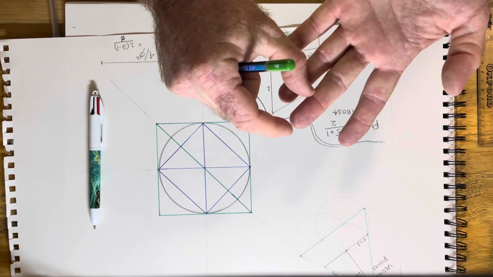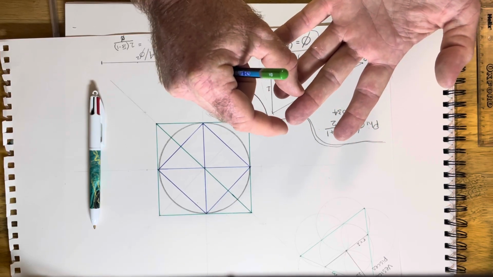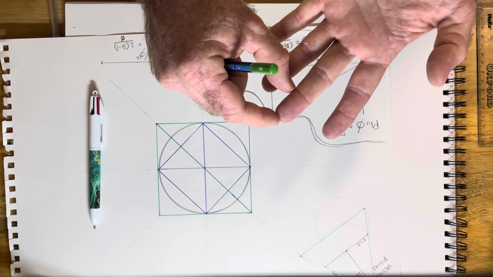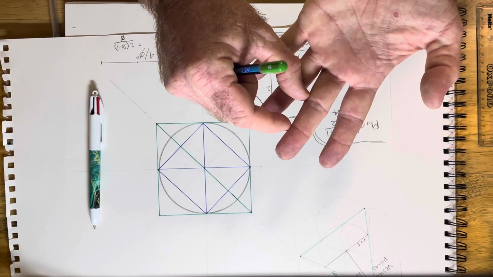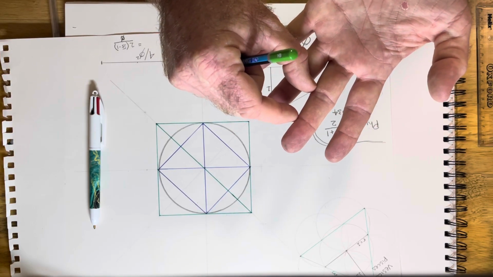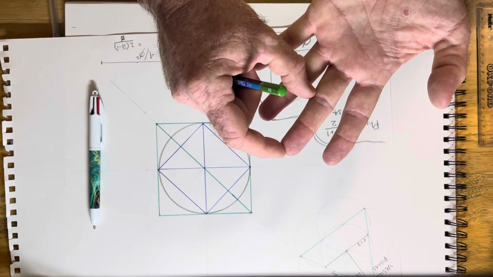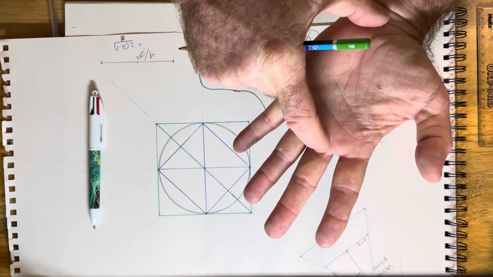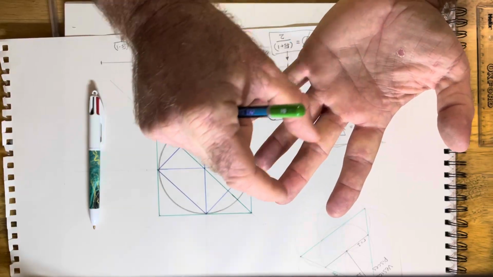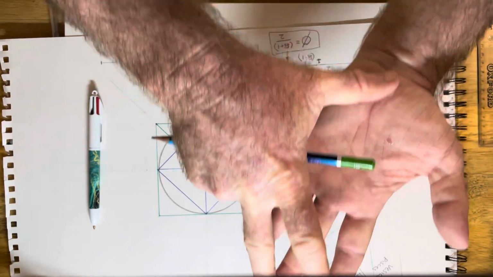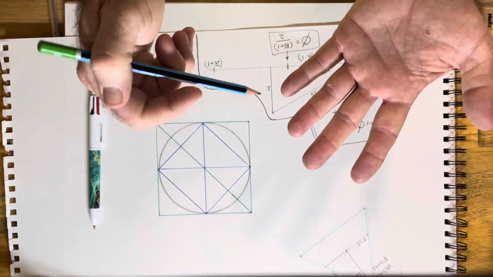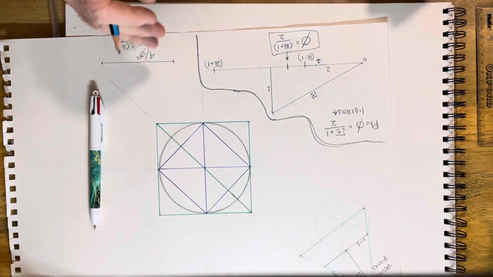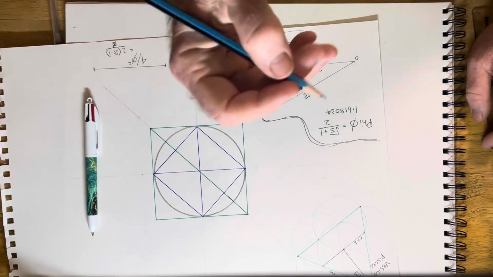So you could say, generally speaking, if this section is equal to 1, then this section will be equal to 1.618. And if this section is equal to 1, then this section is equal to 1.618. It's all through the manifestations of nature because it's a growth pattern.